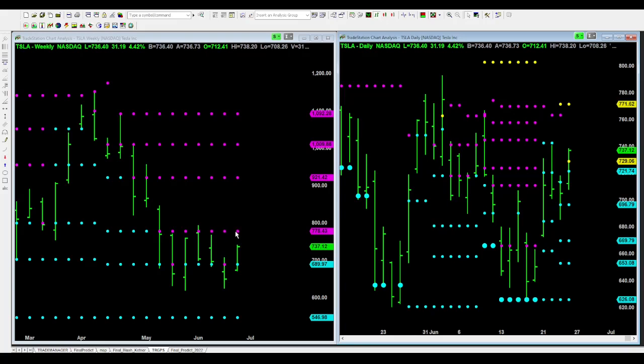This is a resistance level. It has to pass at least this $778, then it may go up to this region, but it will take time. There's a higher possibility that when it reaches this resistance level, it can't pass or can't hold at that price, and then it may drop.